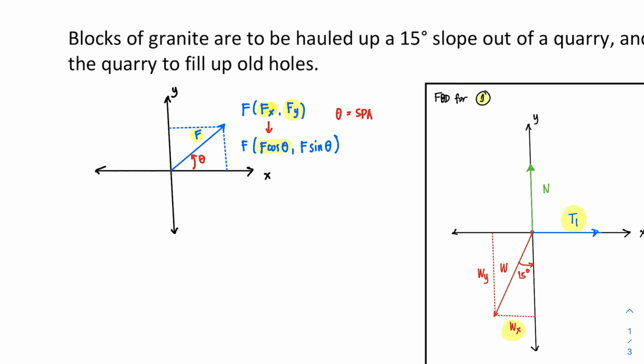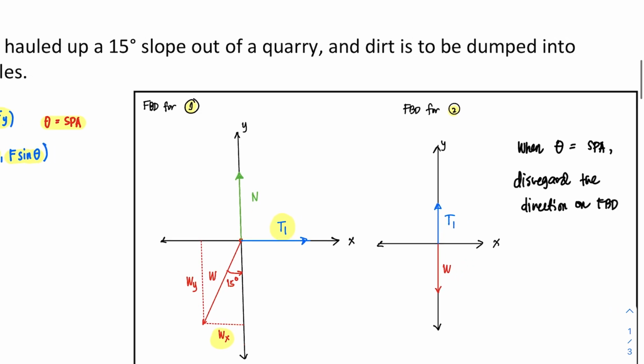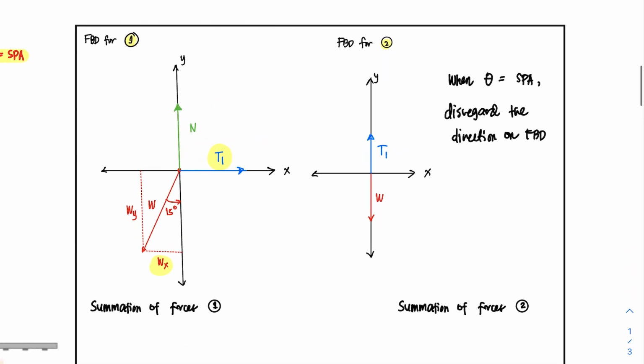The y component of force F, or F sub y, is just F sine theta. The very important side note is that this relation only holds whenever your theta is measured in SPA. I'm hoping that is clear because we are going to use this in our summation of the forces.